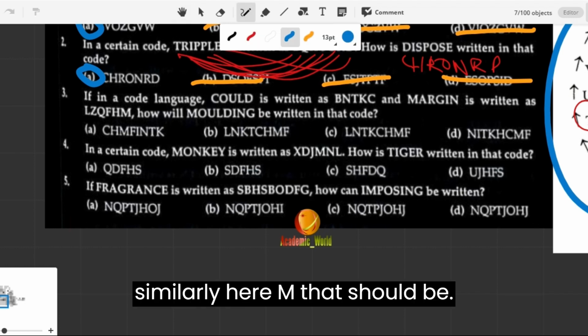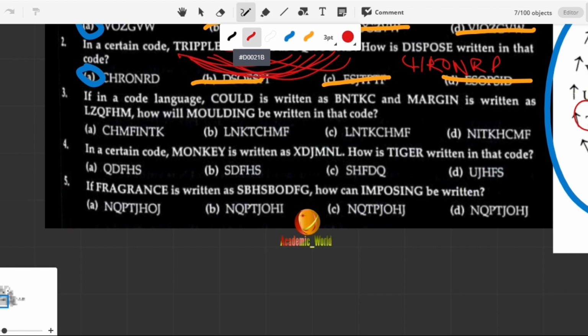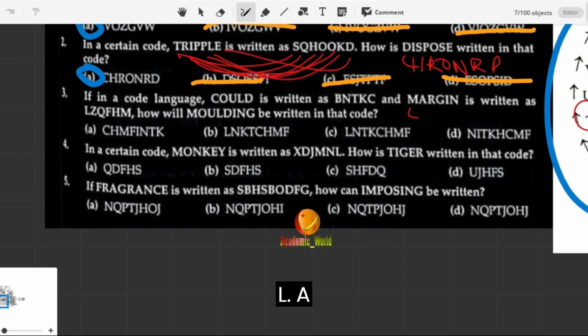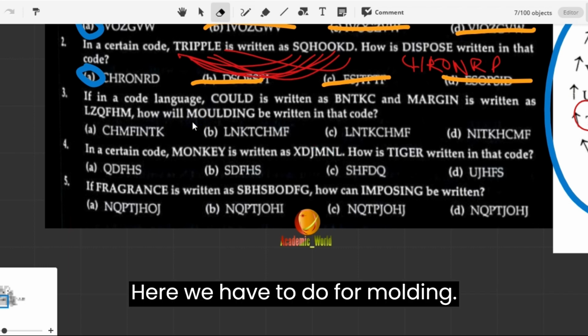So similarly here M should be L. Sorry, here we have to do it for molding.